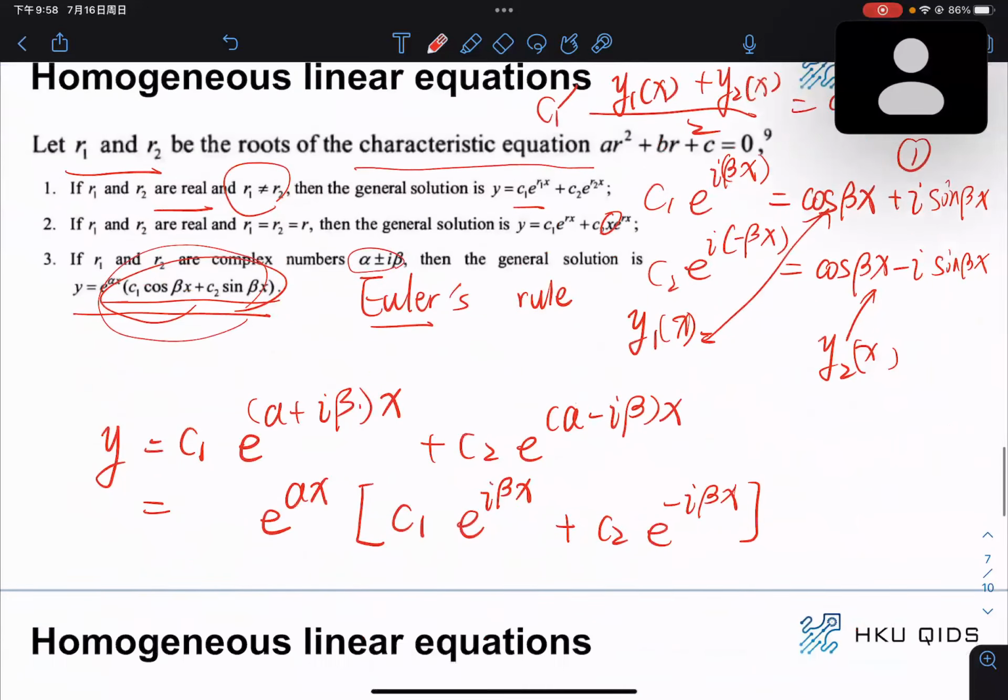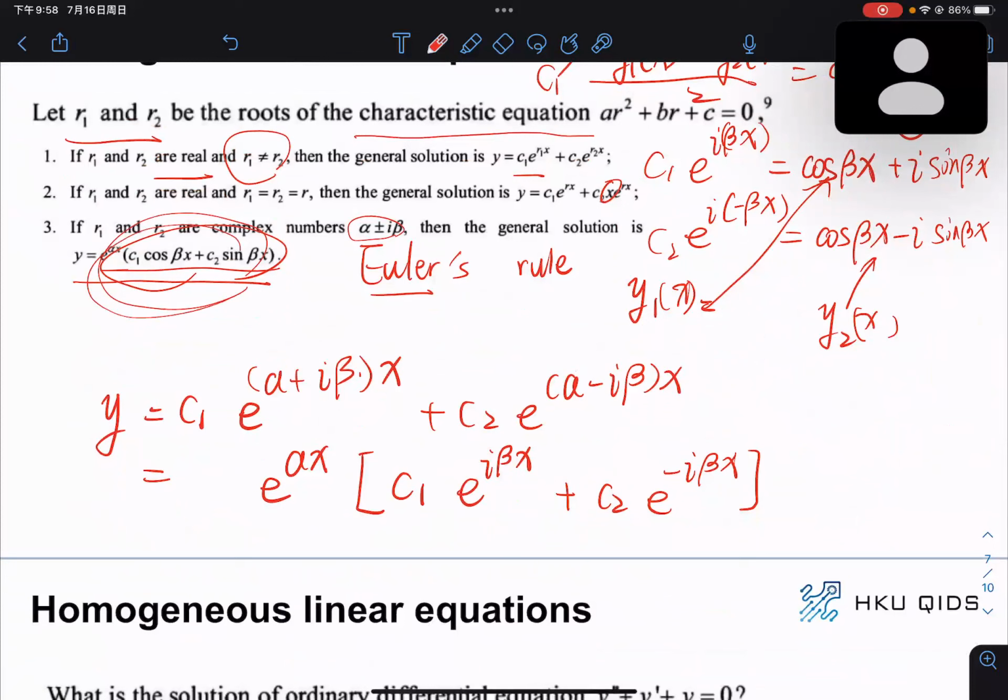So we can write it into this format because it doesn't matter for the parameter before it, okay? You can see if this is i here and we have C1, C2, it can be generalized into this case because C1, C2 can be any constant and it could include some complex part in that.